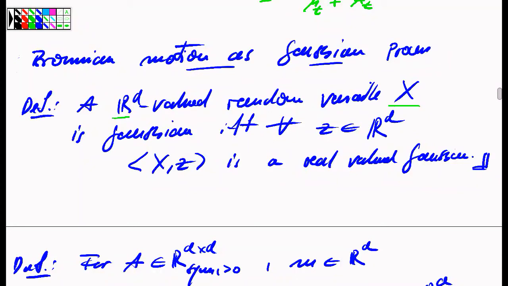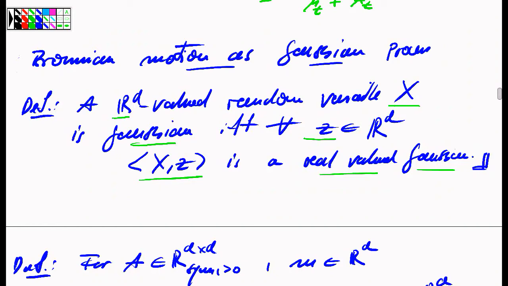That is called a d-dimensional Gaussian random variable if the following is true: for any fixed direction z, you project the generated point in direction z by taking the standard inner product of Rd, then this is, of course, a real valued random variable, but we want that this is a normally distributed real valued random variable.